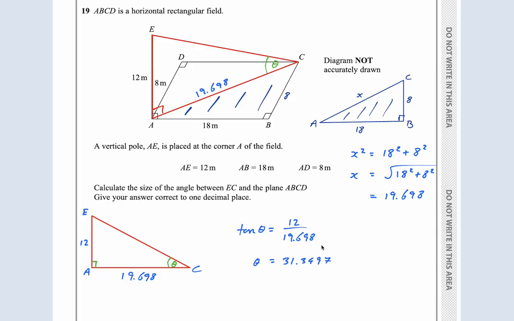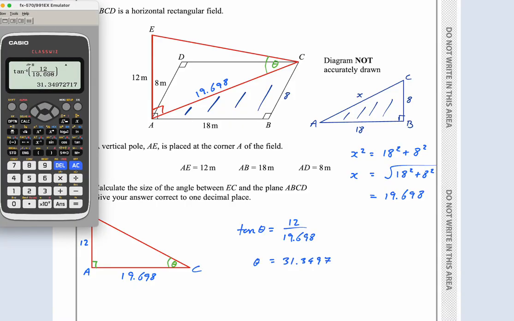Okay, now guys, interestingly, when I round to one decimal place, the answer is 31.4, but I'm going to get 31.3. Now the reason that's happened is because I rounded here. Do you remember I rounded to 19.698? Well, why don't we round to 19.69777?